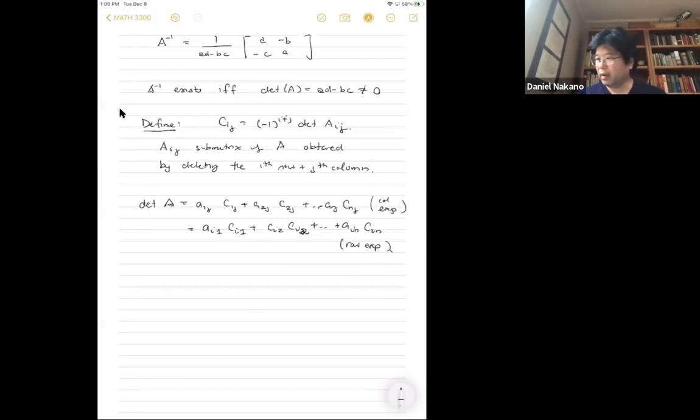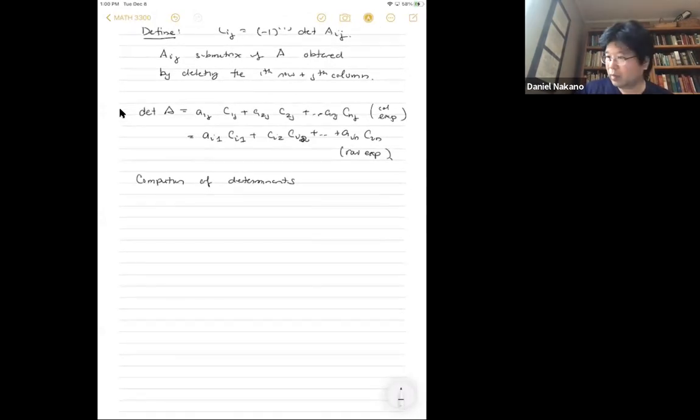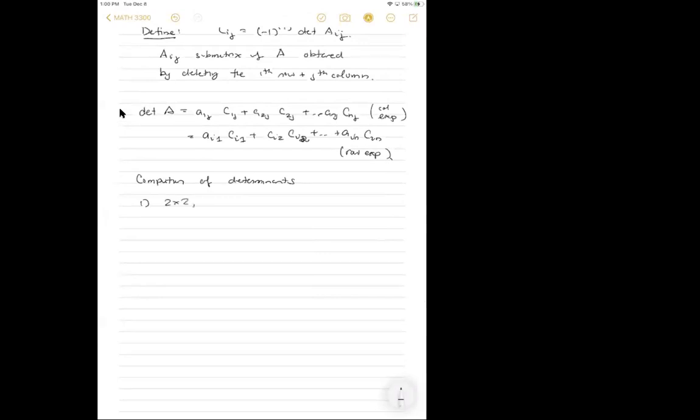All right. So here are some things that you should know how to do. You should know how to compute determinants in several different ways. The first thing you should know is the formula for 2 by 2 and 3 by 3 matrices.